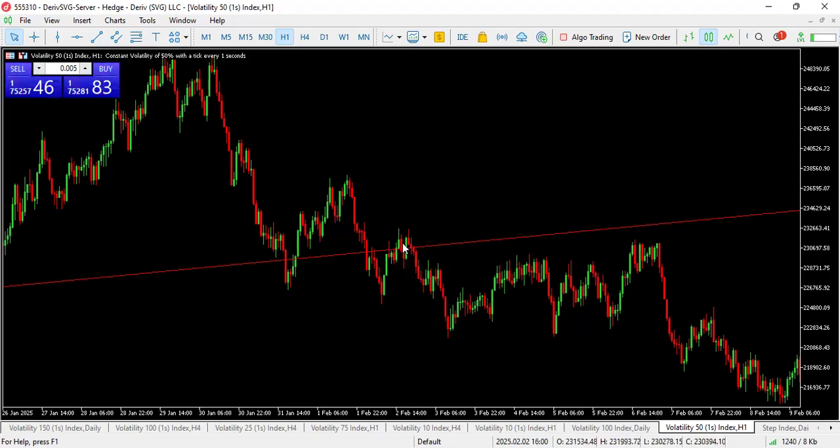If it closes in red, and after something like this happens, you see another red candlestick closing on that line, that's a sign that the market is ready to turn from that place. That's when you trigger your sell.